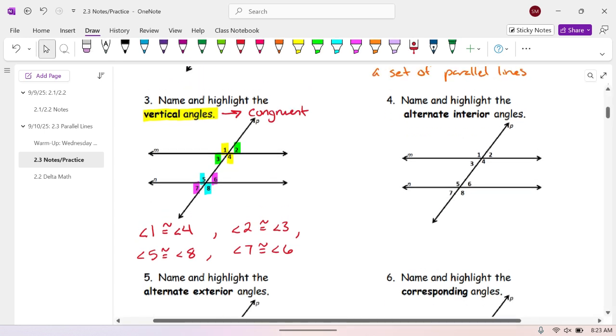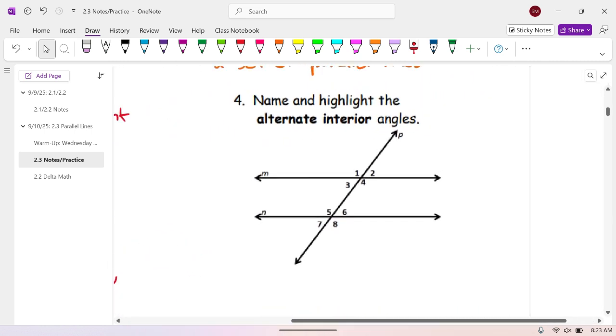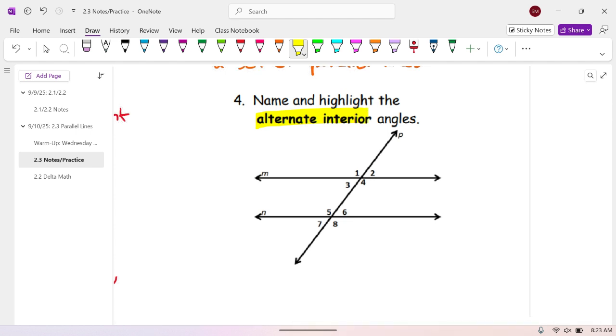All right. The next one, alternate interior. It's kind of in the name what it means. First off, when we say alternate, what word rings in your mind? Opposite. What about interior? Inside.